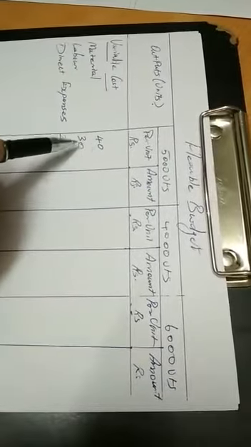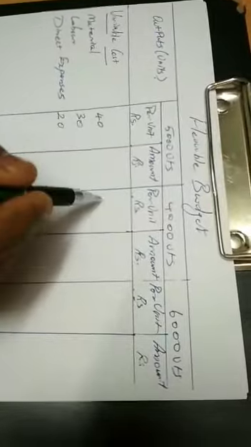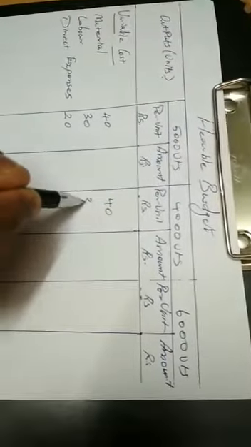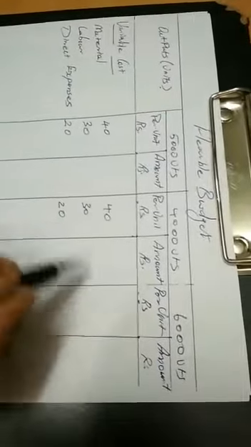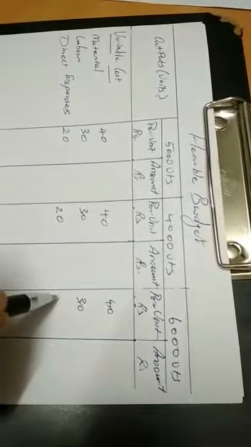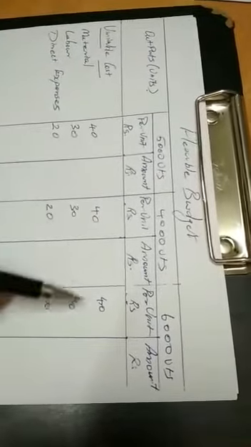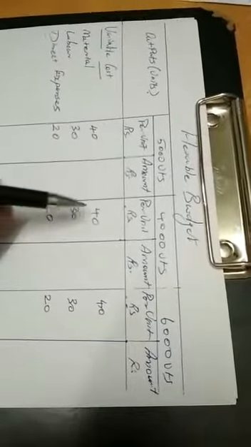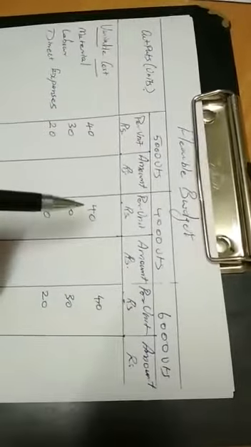Even if you are going to produce 5,000 units or 4,000 units or 6,000 units, the variable cost remains the same. So in that case, I am going to put here also 40, 30 and 20. Here also I am going to put 40, 30 and 20. So the variable cost per unit remains the same irrespective of the production.